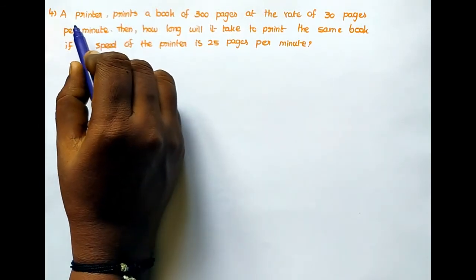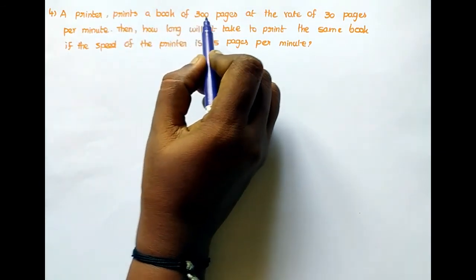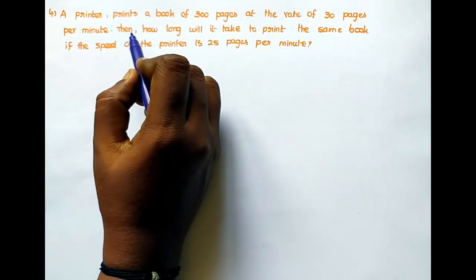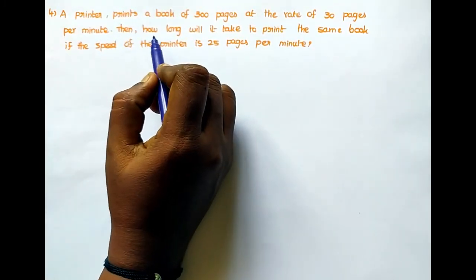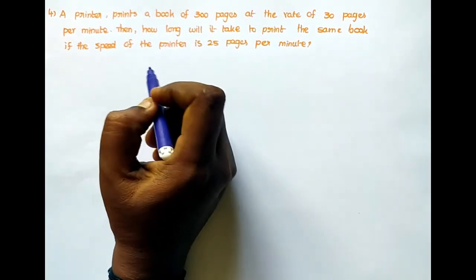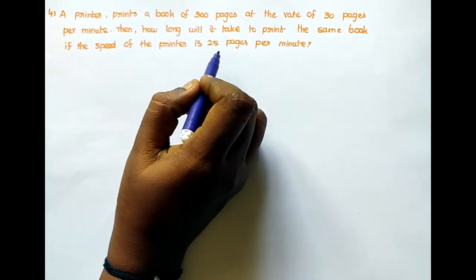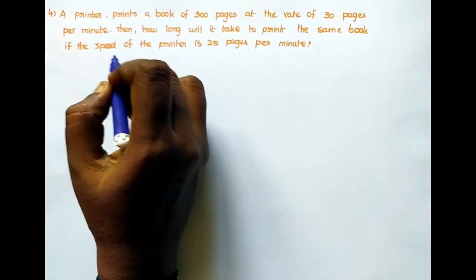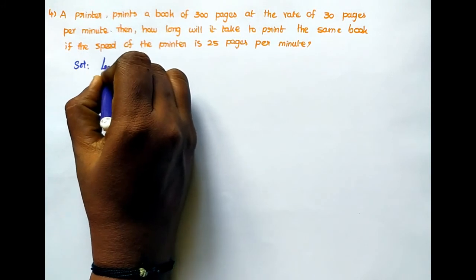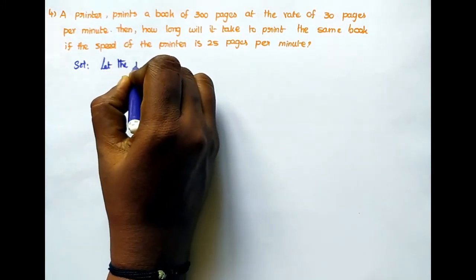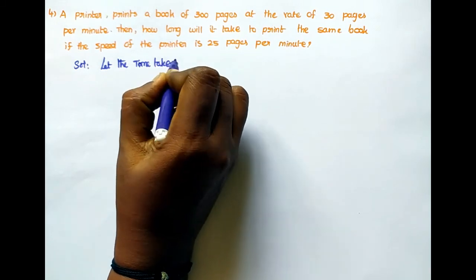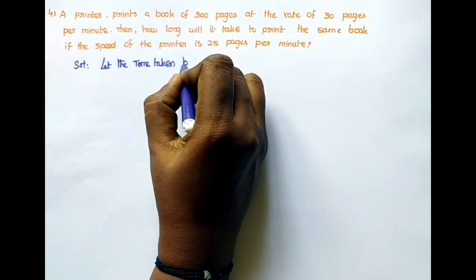Fourth sum. A printer prints a book of 300 pages at the rate of 30 pages per minute. Then how long will it take to print the same book if the speed of the printer is 25 pages per minute? Listen. Let the time taken be x.